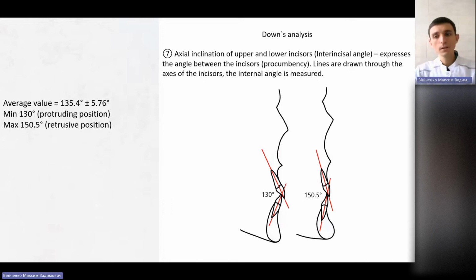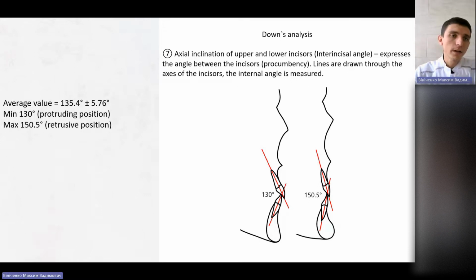If we want a good lateral view, a good facial view, a good contour of the patient after treatment, we need to make this angle less. We need space to do it. So we need to think about the extraction of the premolars.